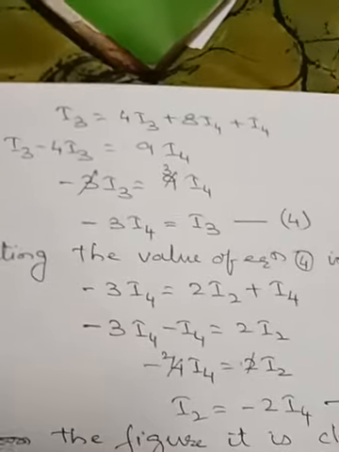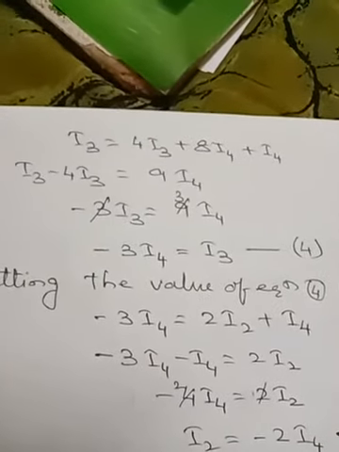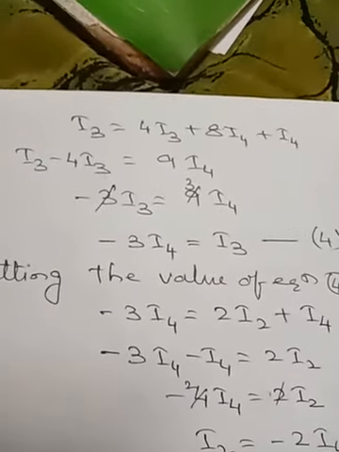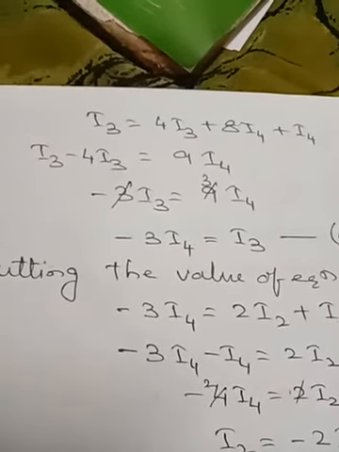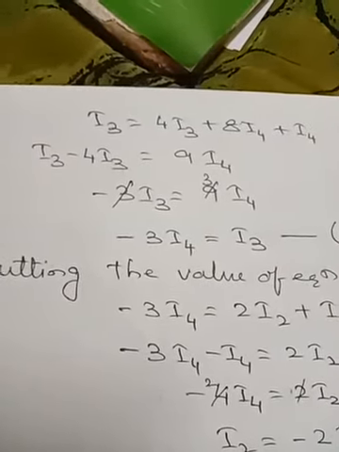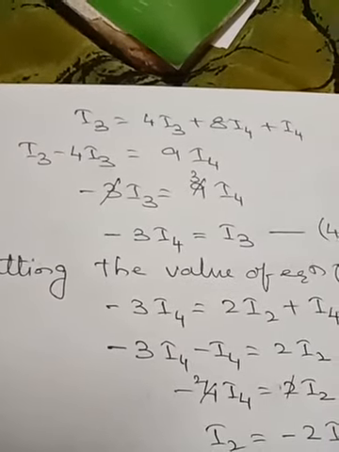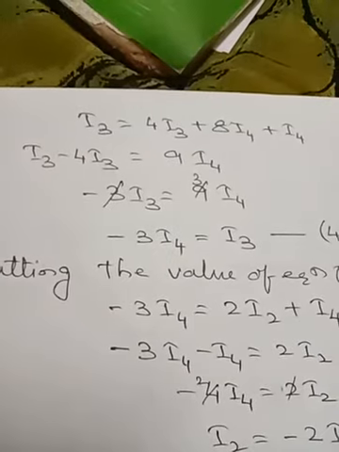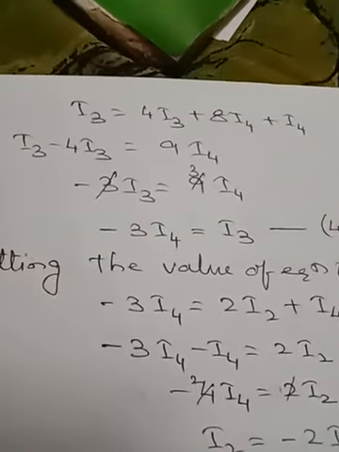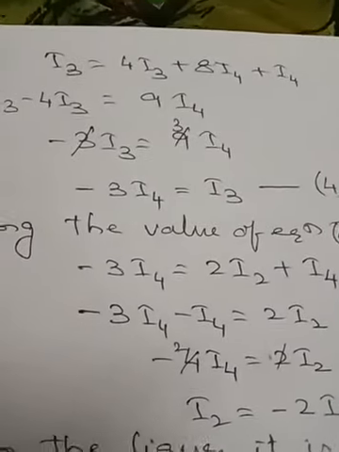After this, what will happen here? I3 is equal to 4I3, opening the bracket, simplifying this, minus of 3I3 is equal to 9I4. So 3 3s are 9, it will get cancelled. So minus of 3I4 is equal to I3. We gave this equation number 4.